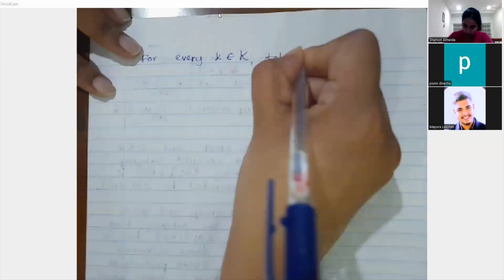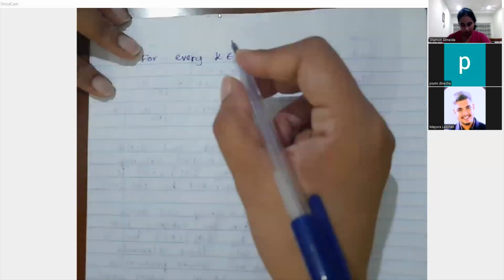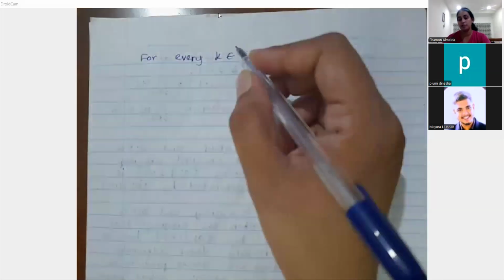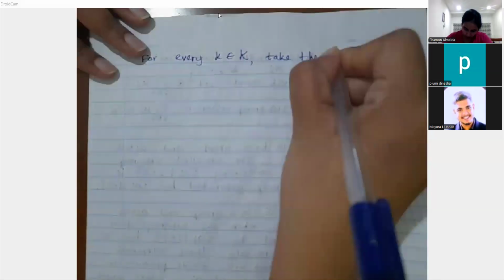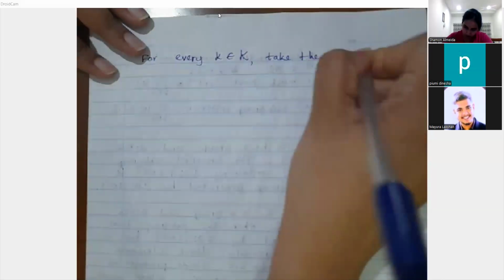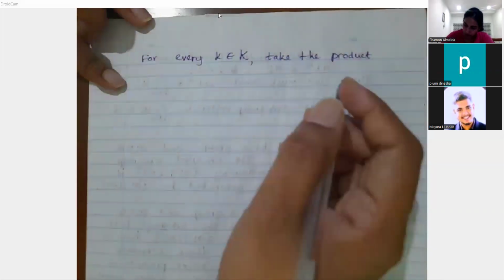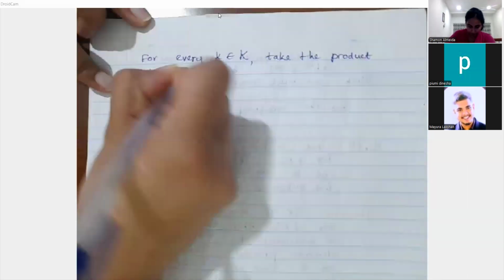Let's consider the product that gives us k, so a finite product of integral powers of a_i. Now this actually will show you how to form the inverse. Take the product giving k.